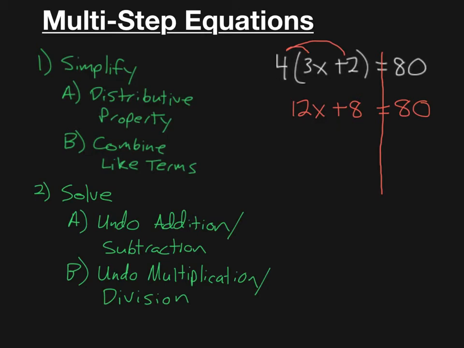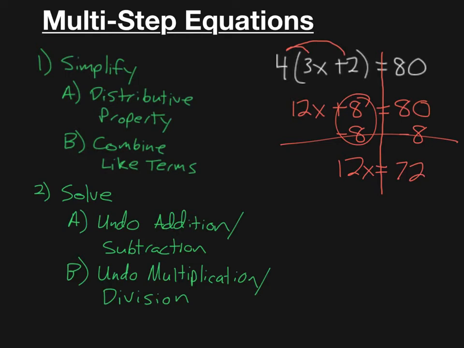Now, after doing the distributive property, I just have a two-step equation. So I'm going to go down to number 2 here. We're going to solve it. We're going to undo the addition first. We have that plus 8. So I'm going to subtract 8 from both sides. That gives us 0. We have 12x equals 72.